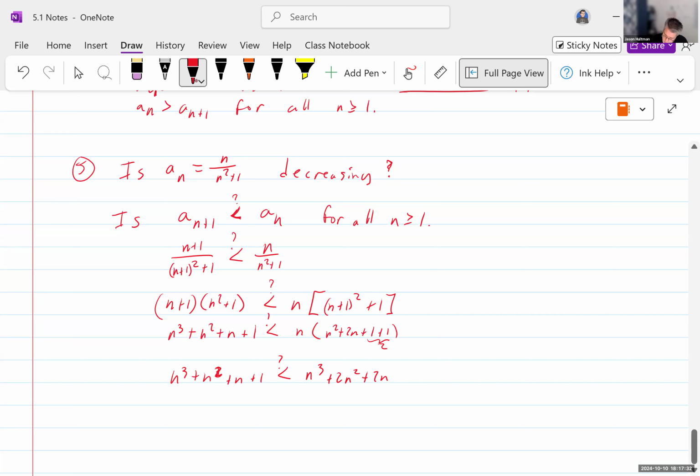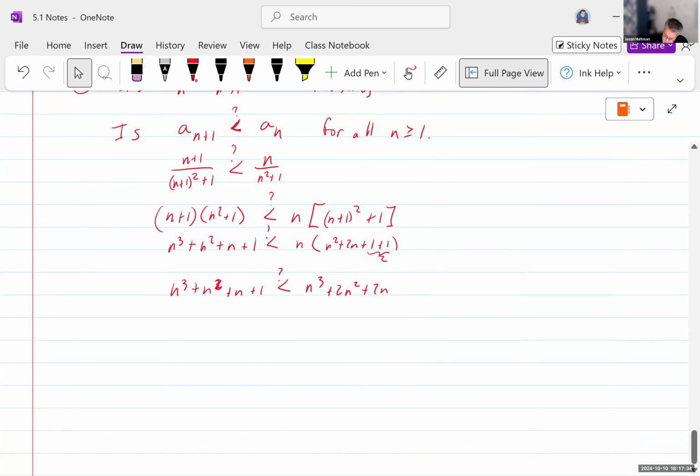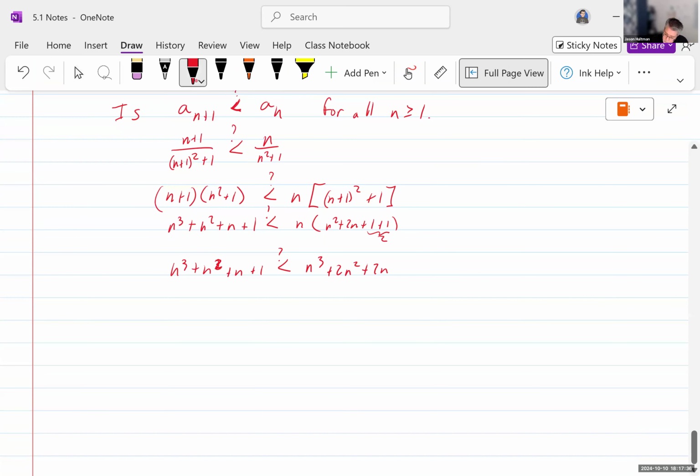After distributing, I want to subtract n cubed, minus n squared, minus n, minus 1.